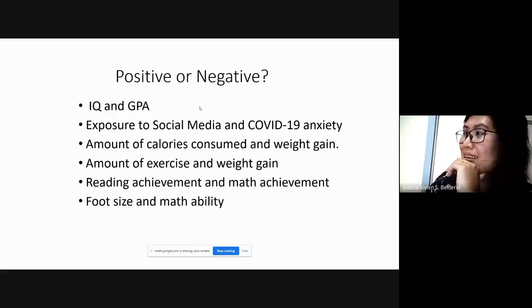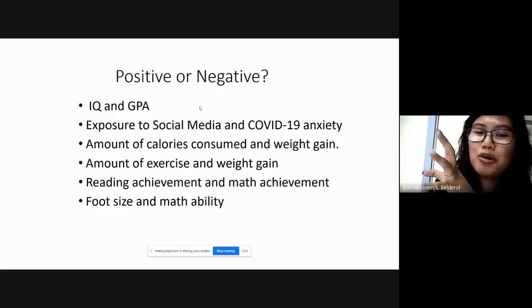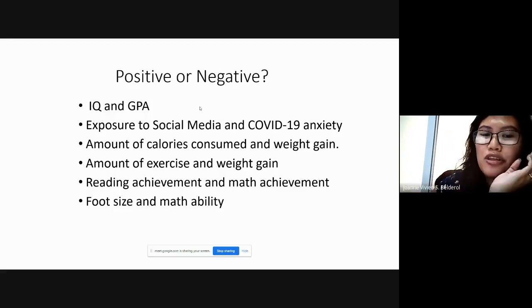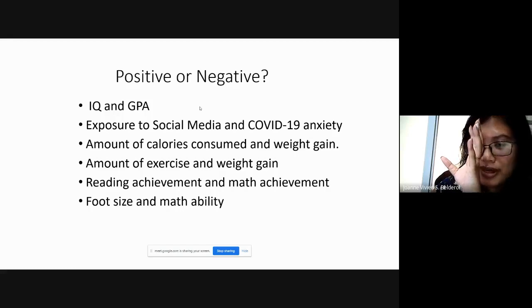Jenny, what do you think? Positive or negative? The more you exercise, the more your weight increases, or the more you exercise, the lesser your weight.